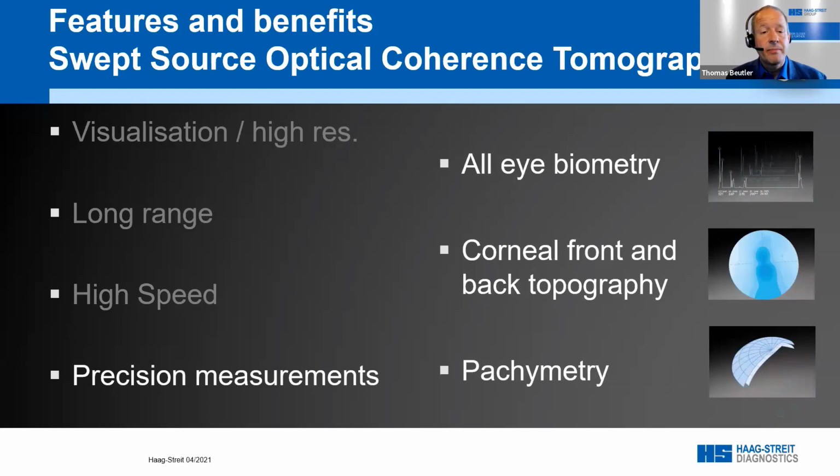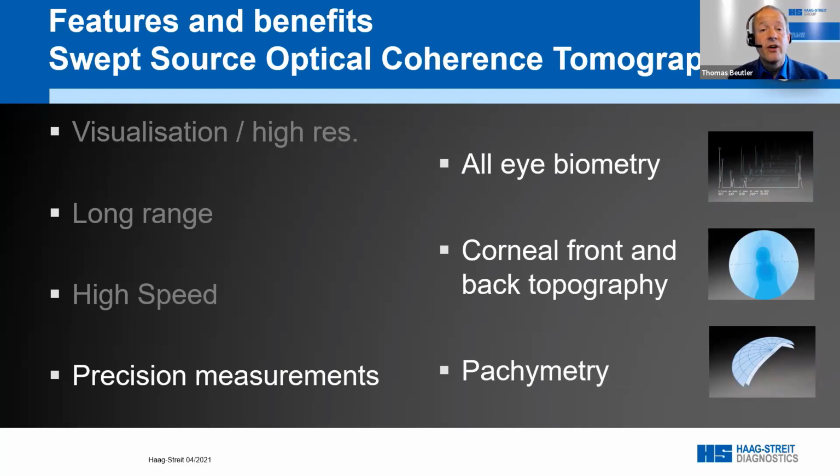Then, as I said before, one of the key features of the Eyestar is the precision measurement. We have precision measurements in optical biometry for the cataract application. So we have all eye biometry from the cornea, through the anterior chamber, through the lens, to the retina. Everything, one scan, one modality, no stitching.